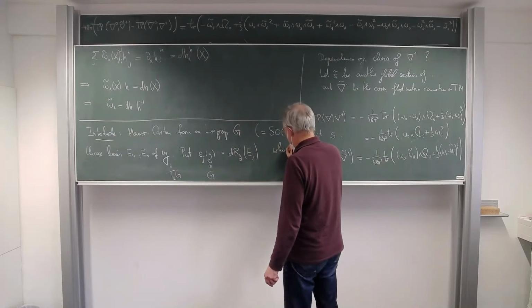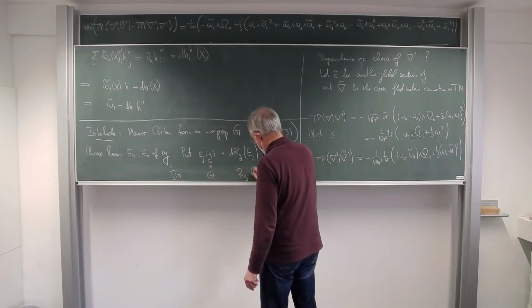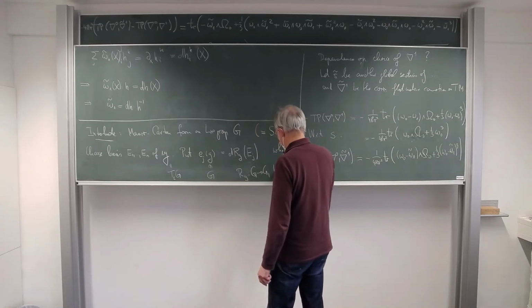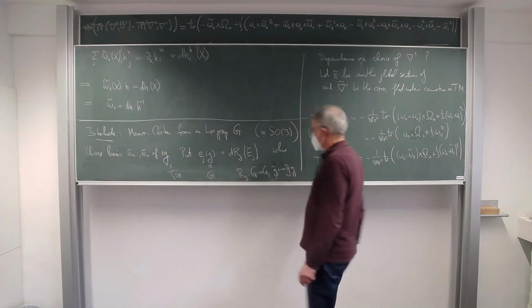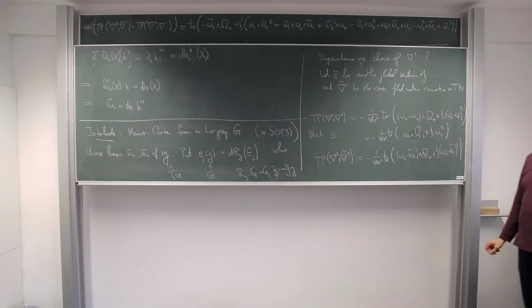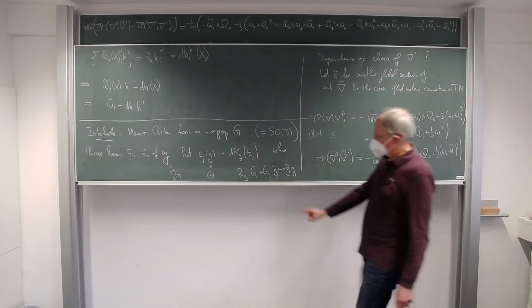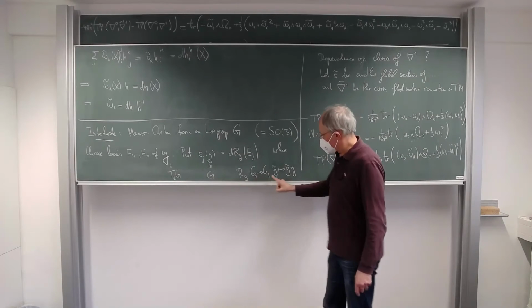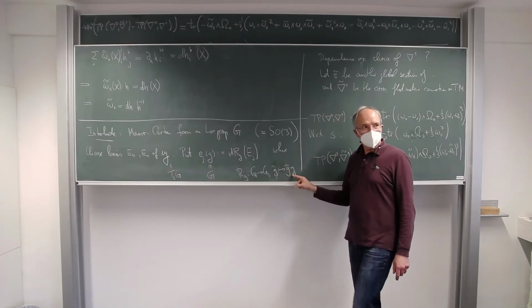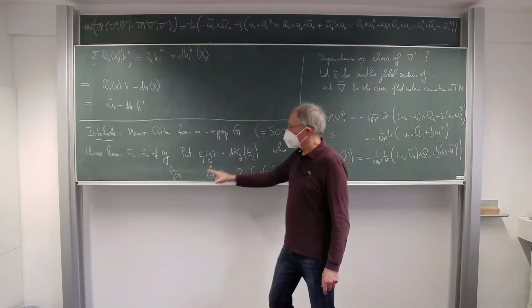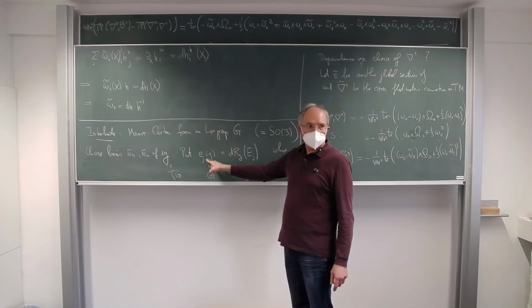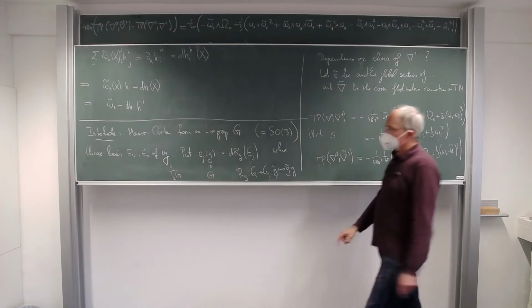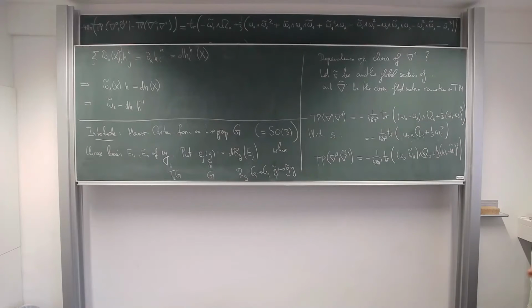R_G is the map from G to G, mapping an element G tilde to G tilde times G. So I'm doing a multiplication with G from the right. In particular, it will map the unit element to G. So if I differentiate it, I get a map which maps the tangent space at the unit element to the tangent space at G. And so this is a tangent vector at G. That's called the right invariant extension of the elements in my Lie algebra.